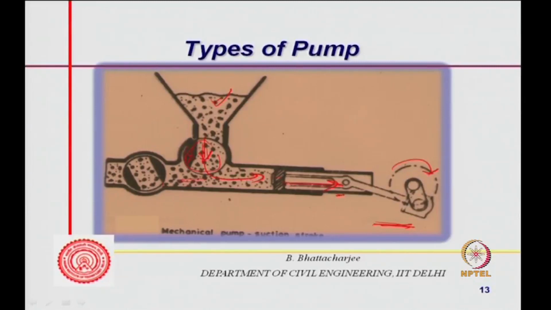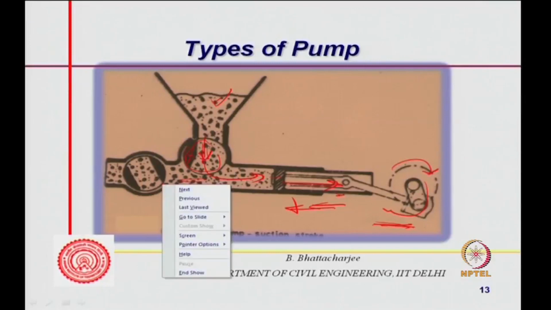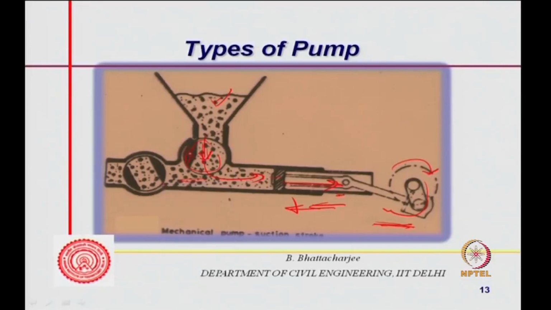Now, the piston goes, then in the delivery stroke, as this rotates, the piston will go somewhere there, and simultaneously this valve will come and close this portion, and this valve will open up. This concrete portion will get aligned, and during the delivery stroke, concrete will move out of the pump.